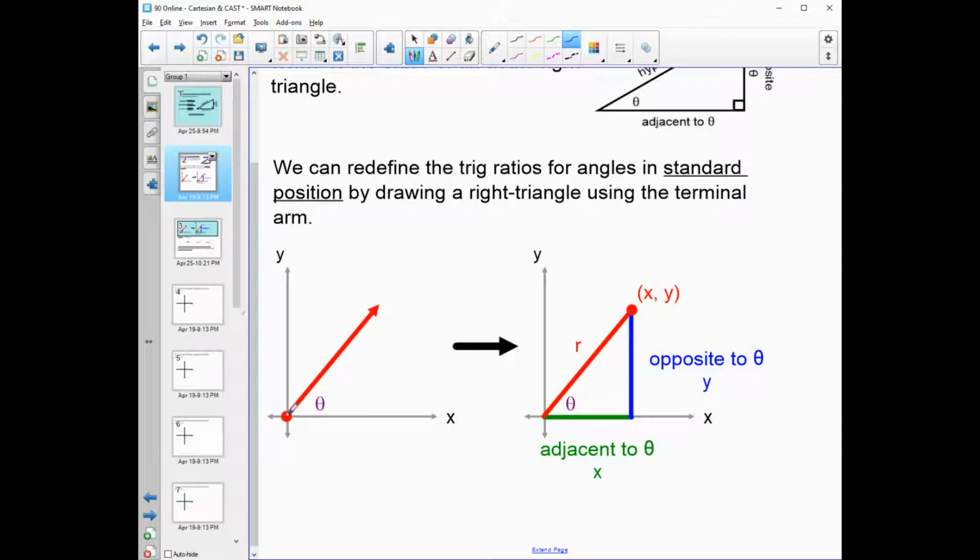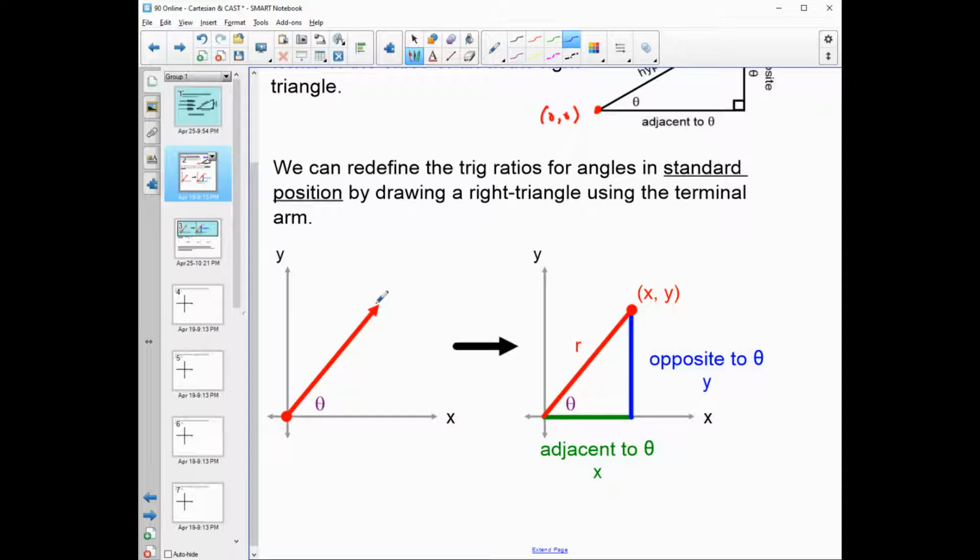So if I imagine that the corner of the triangle is at the vertex, sorry, is at the origin, that's standard position.